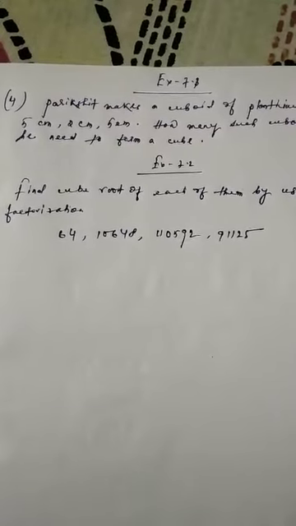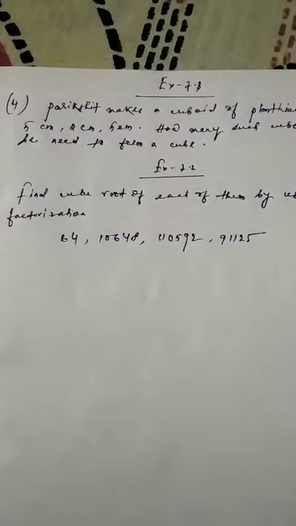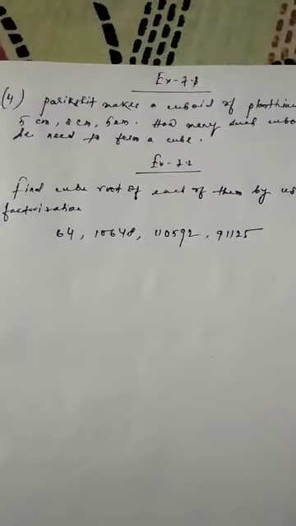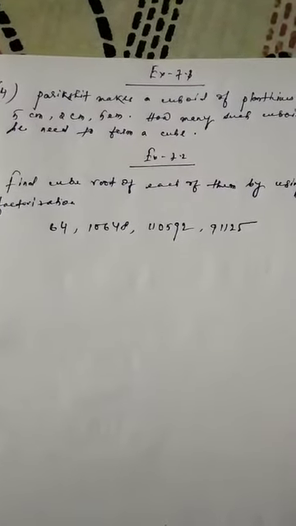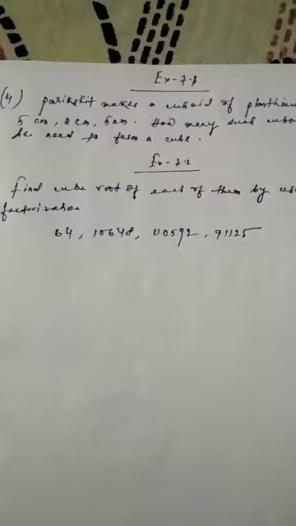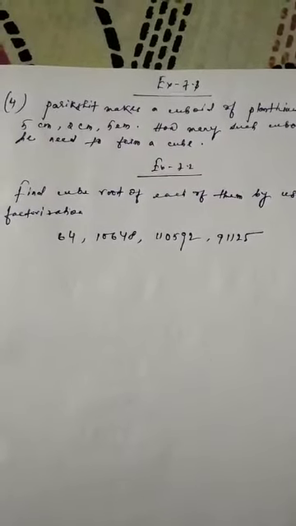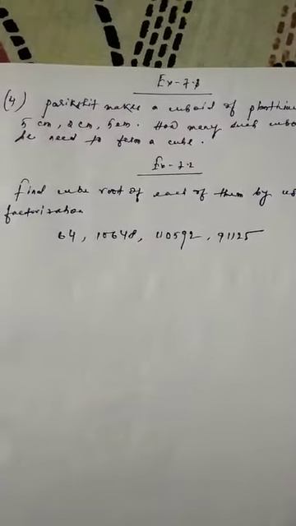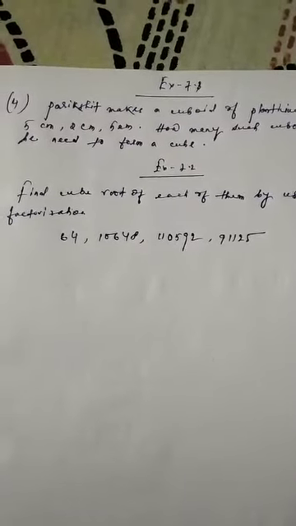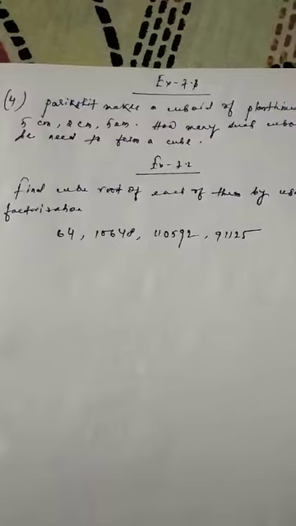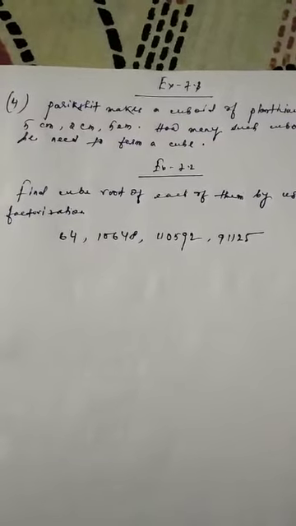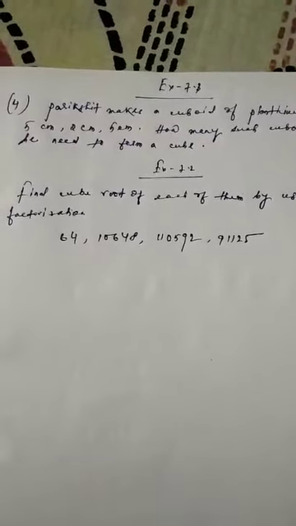I mean, they are not all the same. Maybe length and breadth are the same, height is different. Maybe length and height are the same, breadth is different. Maybe breadth and height are the same, but length is different. Possible. The thing is that they are not all similar.